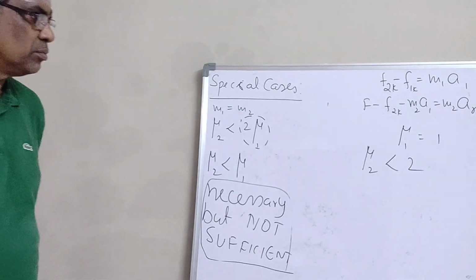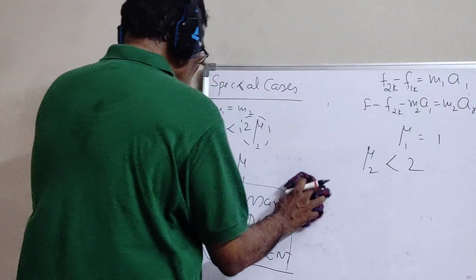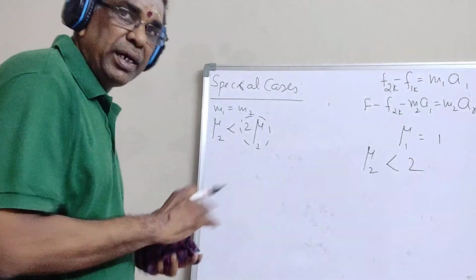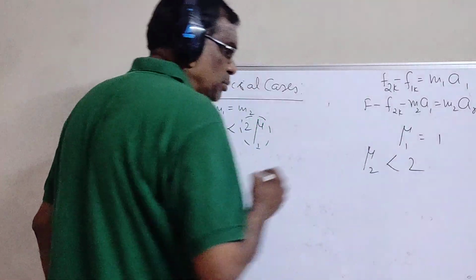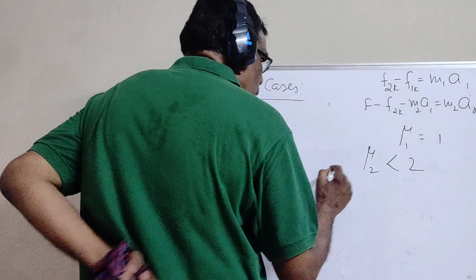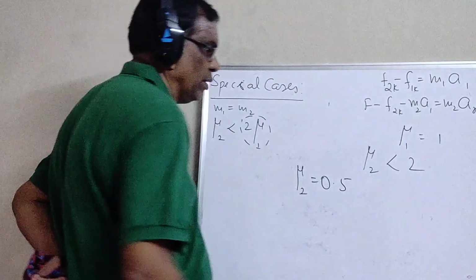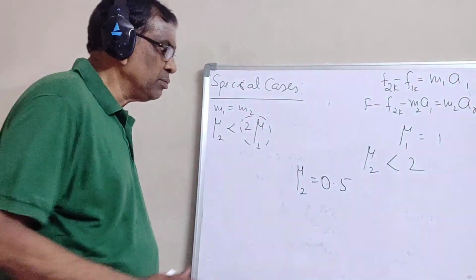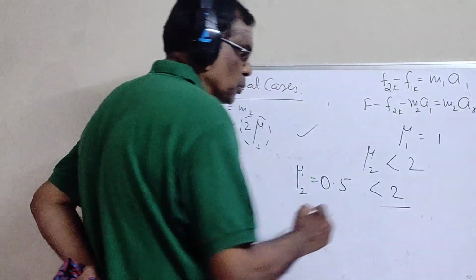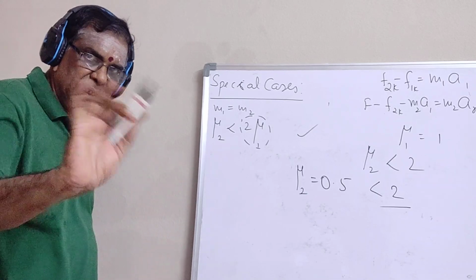That is the condition. This is crucial, I'm telling you. Now, this statement is slightly problematic. I will correct it. mu2 must be less than 2. That is the meaning of it. Now, suppose mu2 is equal to 0.5. Then also that is valid because that is still less than 2. So here, please correct that statement. That previous statement I made is not correct.